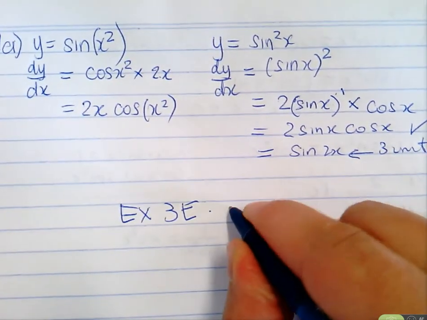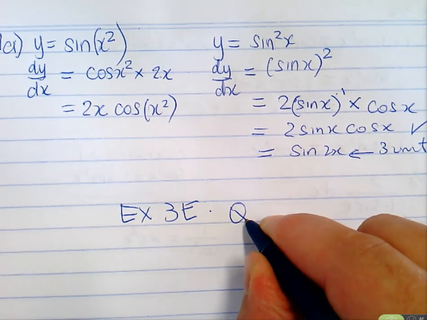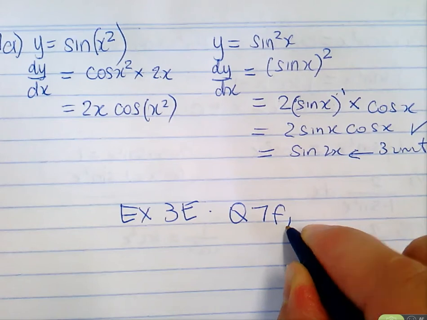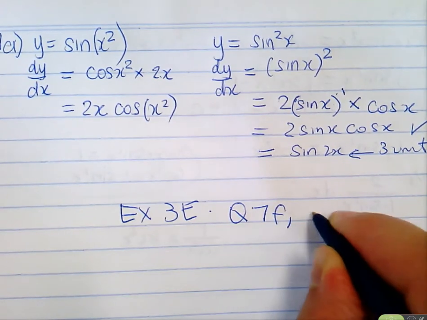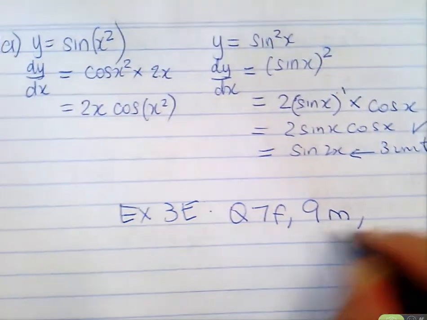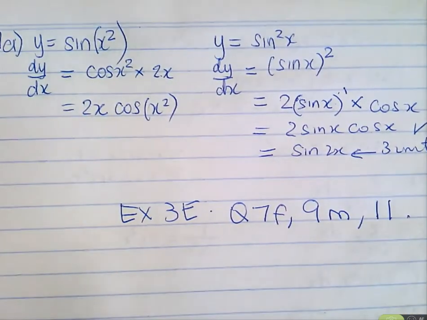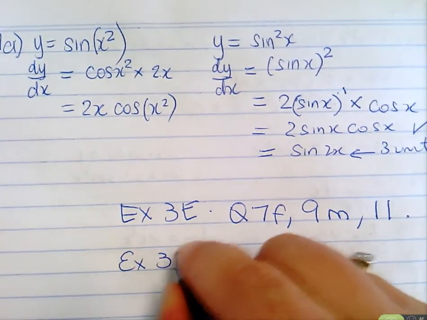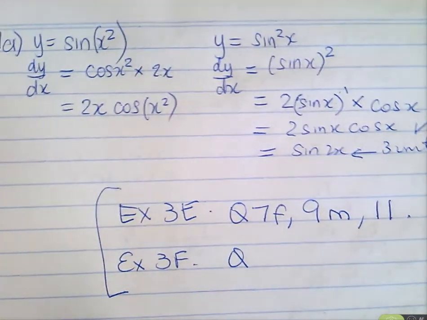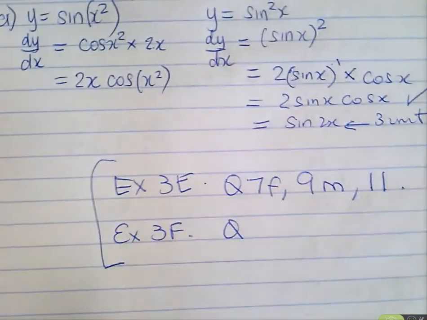I might just make you do question 7F. It's good revision, girls. Question 9M. Exercise 3E, also question 11, that'll do. 3F. So these are applications of differentiation, so it's good revision. Just think of this as revision.